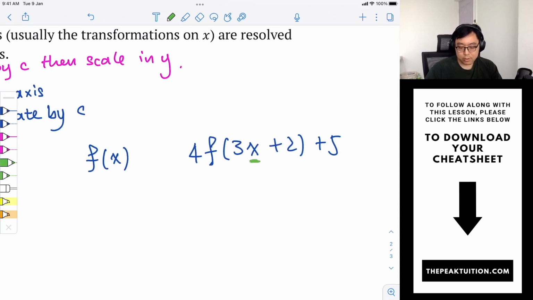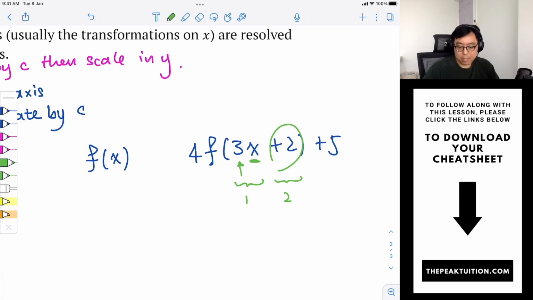The input is x, so the first one we look at is 3. We first scale with 1/3 in the x direction, keeping y invariant. This is the first order of business. Then we translate everything in the negative x direction by 2. This is the second thing that we do.